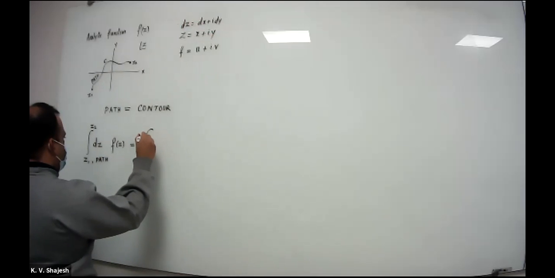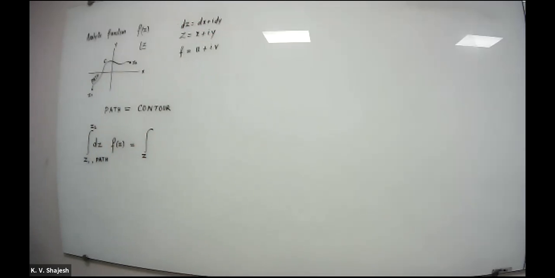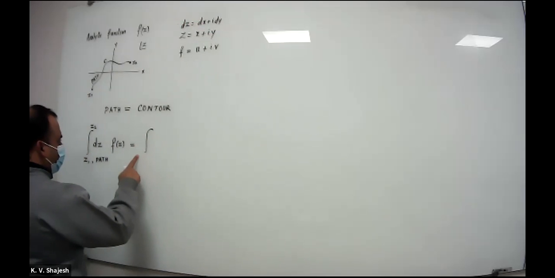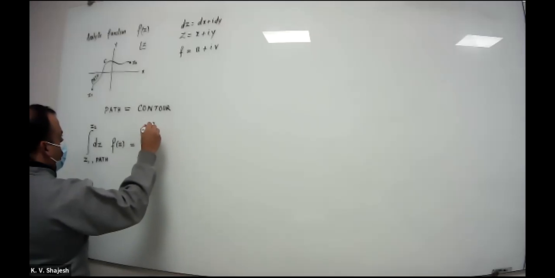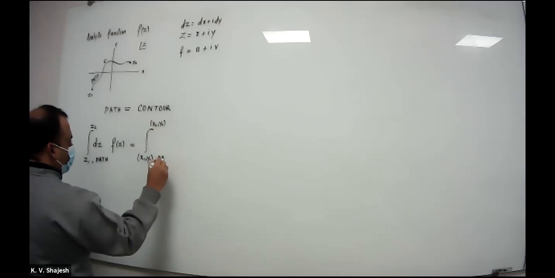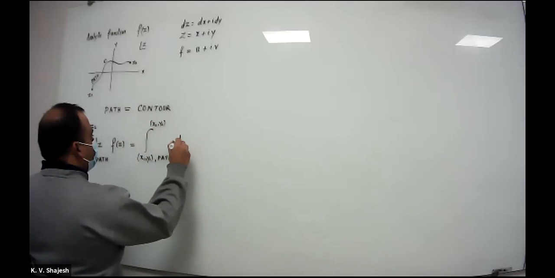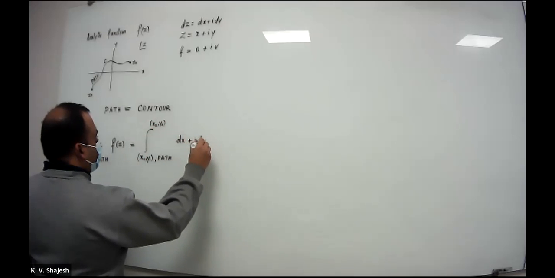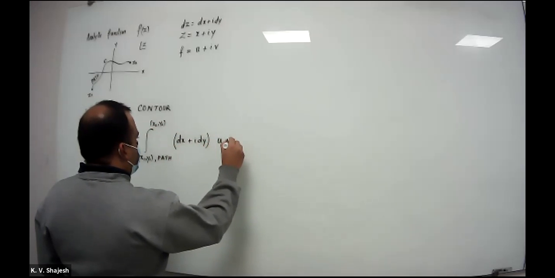This is nothing but z1 to z2, where z1 and z2 means x1, y1, right? If you're thinking of it in a two-dimensional plane, this is specified by x1, y1. So let me write that more specifically. So I'm going from x1, y1 to x2, y2 along a specified path, and dz is dx plus idy, and f of z is u plus iv.